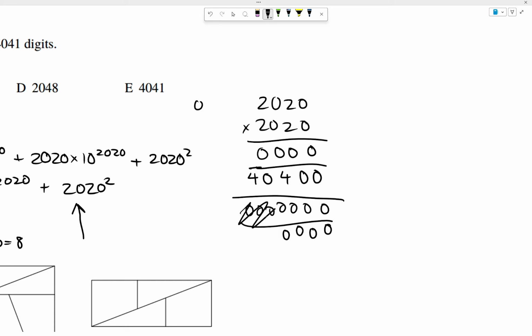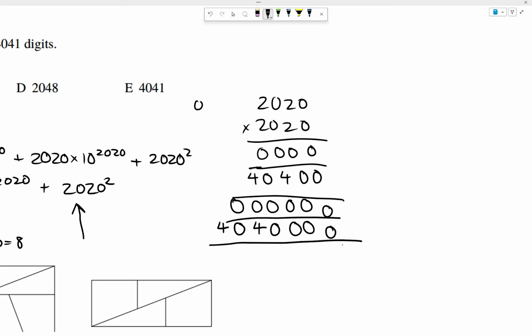I've made this a bit messy. One second. Four, 0, 4. Okay. And that is 0, 0, 0. Oh, not 0. 4, 0, 8, 0, 4.